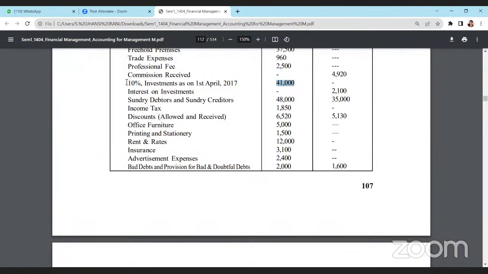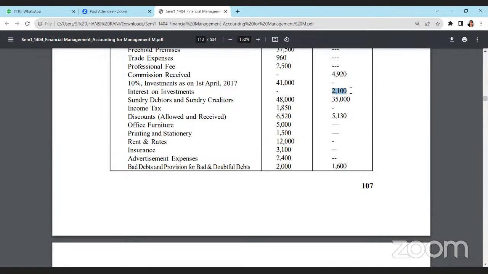What is the rate of interest? 10%. So 41,000 into 10% comes to 4,100. But how much did we receive as interest on investments? 2,100. Actually, we should receive 4,100, but we received only 2,000 here.